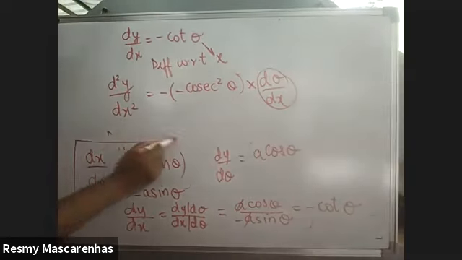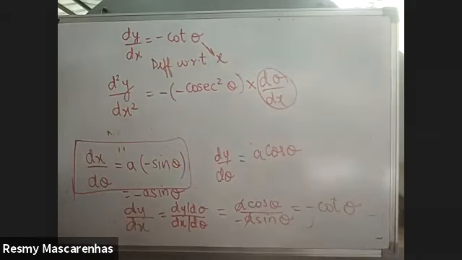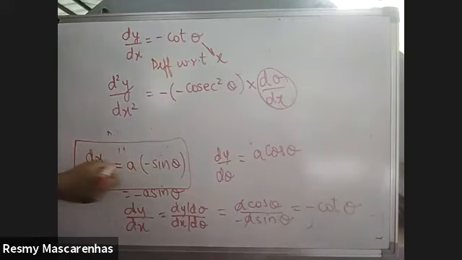Look at this box. dx upon d theta already you must have found starting. So dx upon d theta was how much? Minus a sine theta. Now if you reverse it, what will be d theta upon dx? 1 upon minus a sine theta. So if you reverse this, this answer will also reverse.